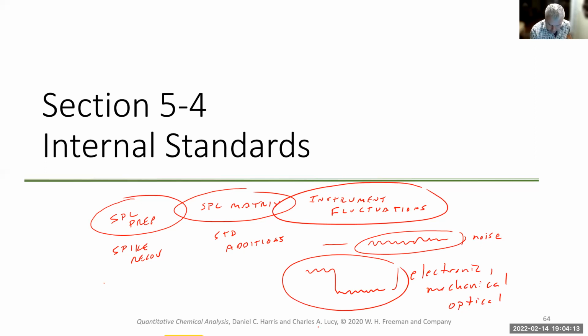What if you measure your standards when the signal's up here and your samples when the signal's down there? That will give you the wrong answer for your analyte concentration.